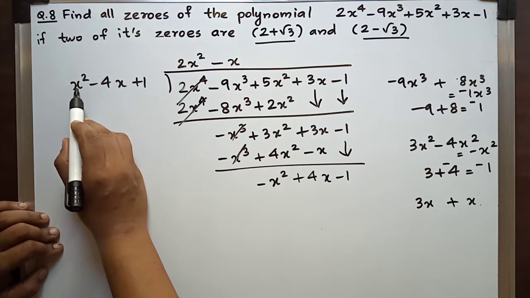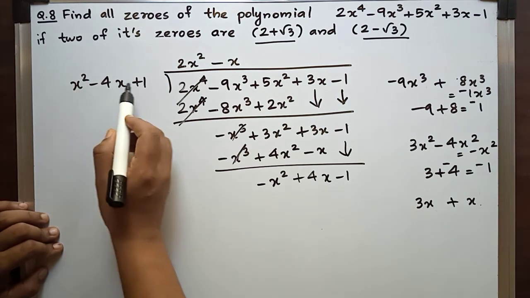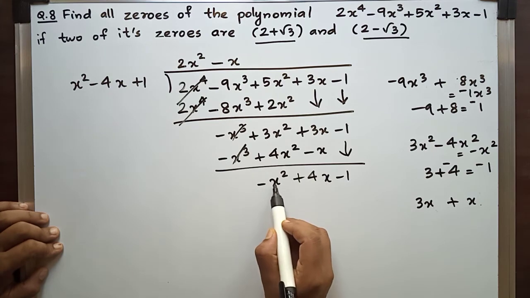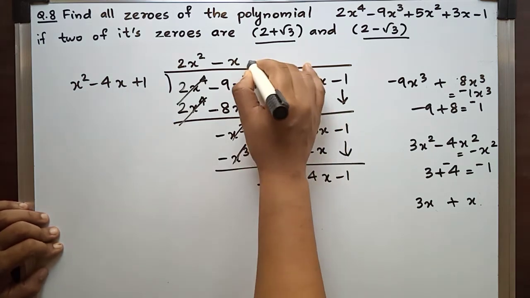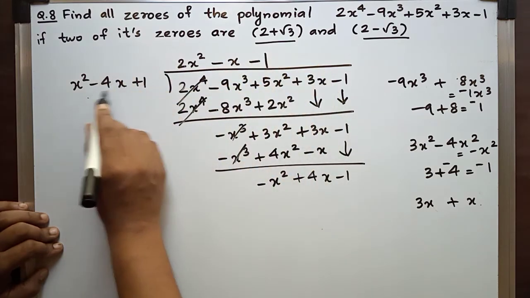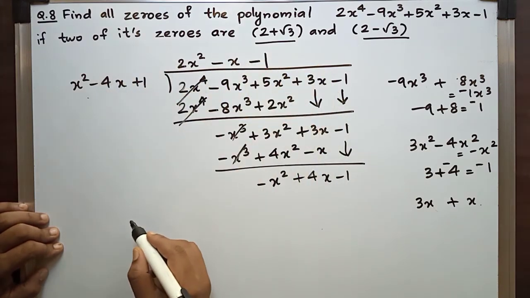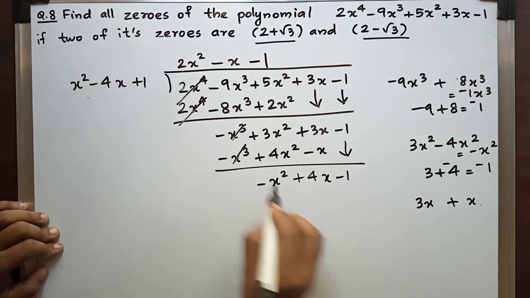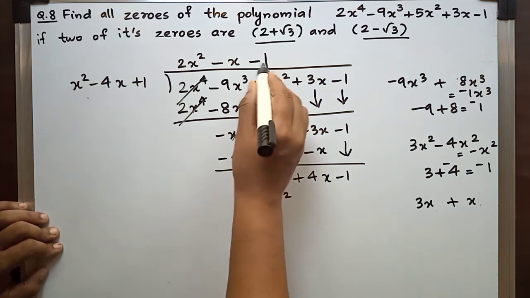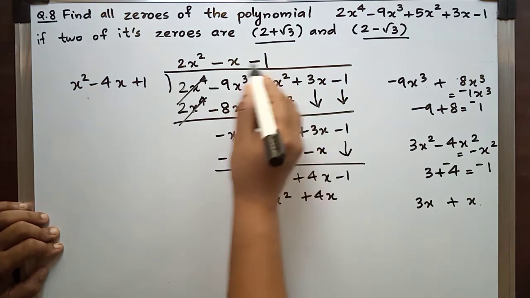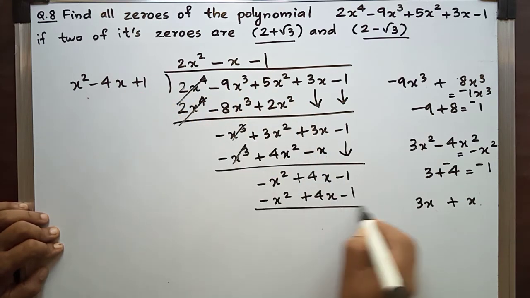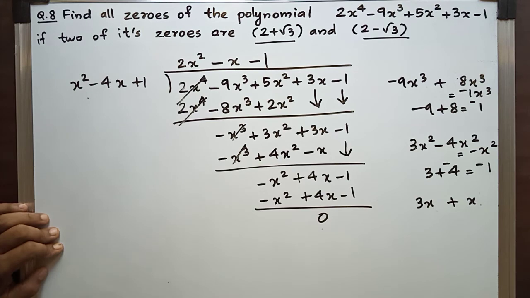See, here also x square minus 4x plus 1, but here minus x square plus 4x minus 1. That is, we have to multiply this one by minus 1. Minus 1 into x square is minus x square. Minus 1 into minus 4x is plus 4x. Minus 1 into 1, minus 1. So we got the remainder as 0.